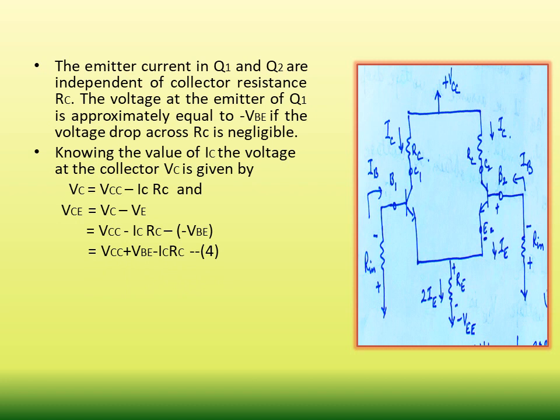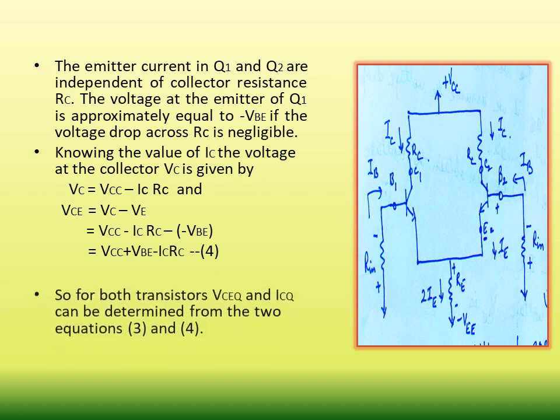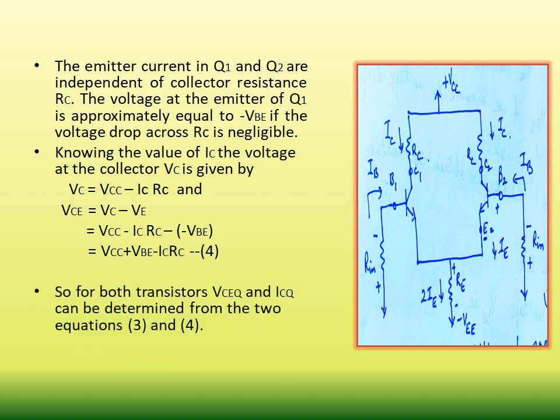Ultimately we have obtained VCE, which is the second operating point for the dual input balanced output differential amplifier. For both transistors, VCEQ and ICQ can be determined from equations 3 and 4. Here, VCEQ is equal to VCE and ICQ is equal to IE.